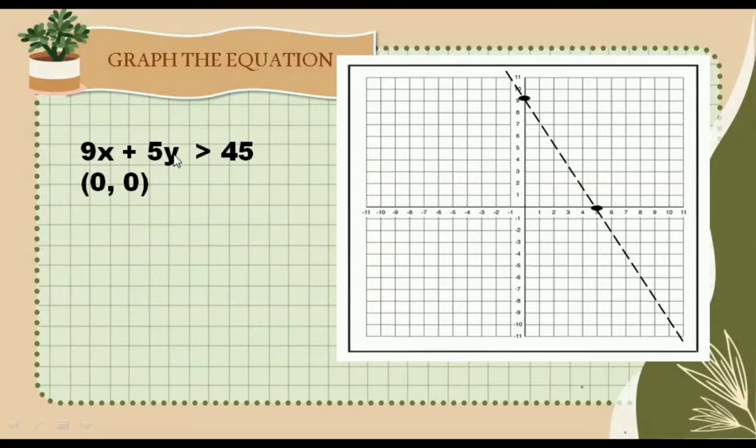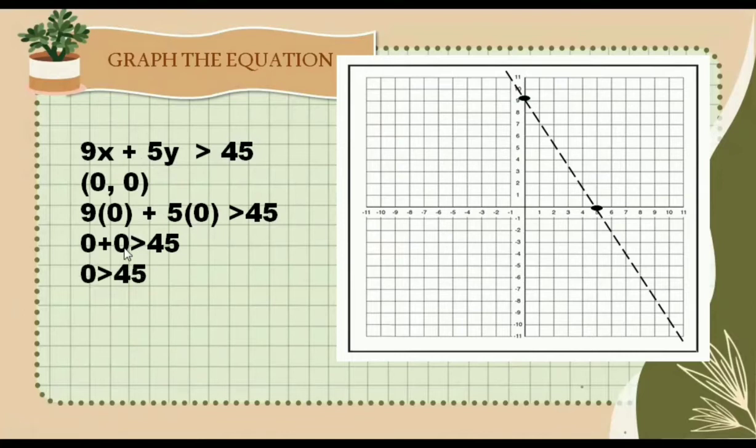So we will have 9 times 0, because x is equal to 0, plus 5 times 0, because y is equal to 0, greater than 45. 9 times 0 is equal to 0, plus 5 times 0 is also equal to 0, greater than 45. And if we add it up, 0 plus 0 is equal to 0.